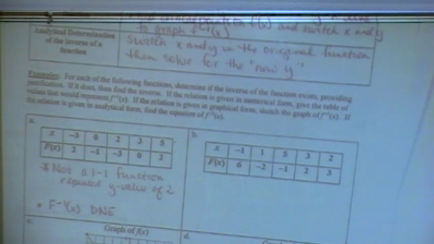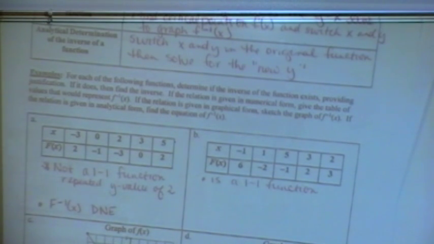Okay, so the next one, again I have discrete data because it's just points. I'm going to check and see if I have repeated given y values. No, I do not. So this is a one-to-one function, so I'm going to write that. Can it also not have repeated x values, or can it? It shouldn't, because it's a function. That's what I thought. So this is a one-to-one function.